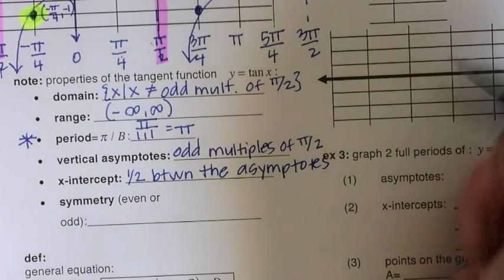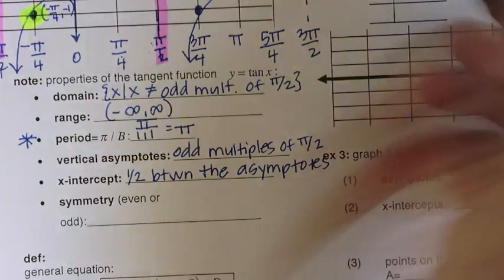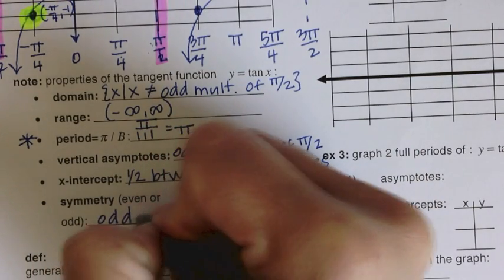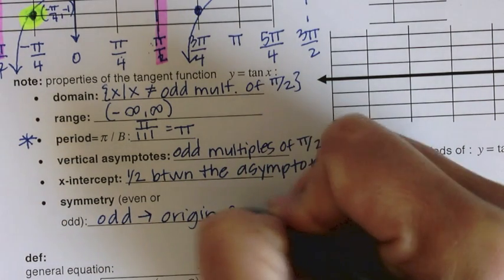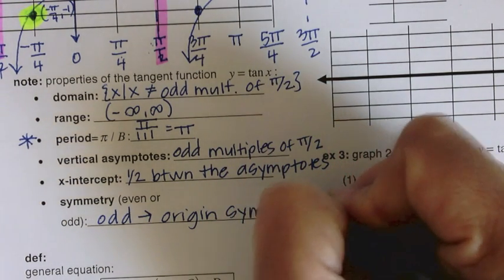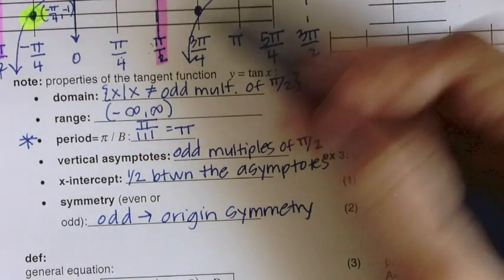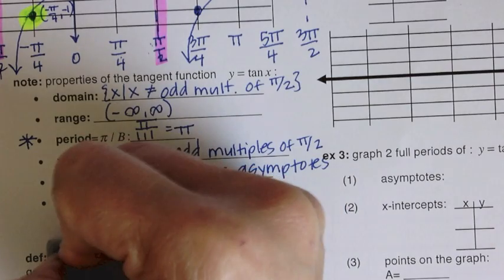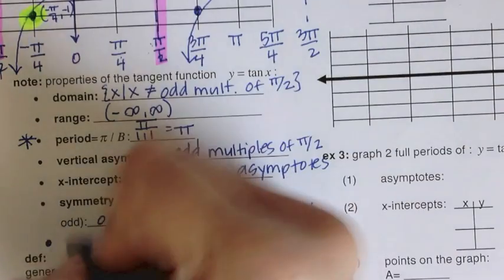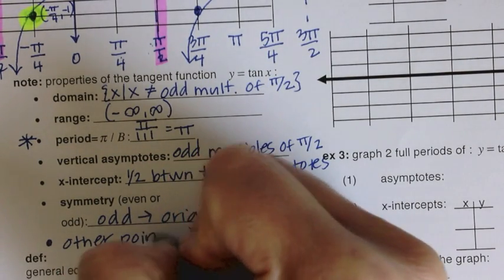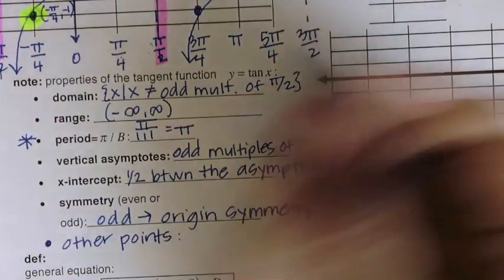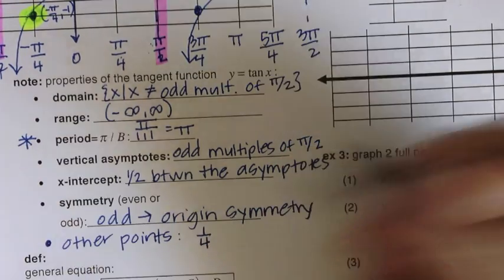And we already talked about this is an odd graph, so it has origin symmetry. And the last bullet point that I want to put on here for you is how to get those two other points. So we're just going to add it in there. Other points. And that is 1/4 of the way.